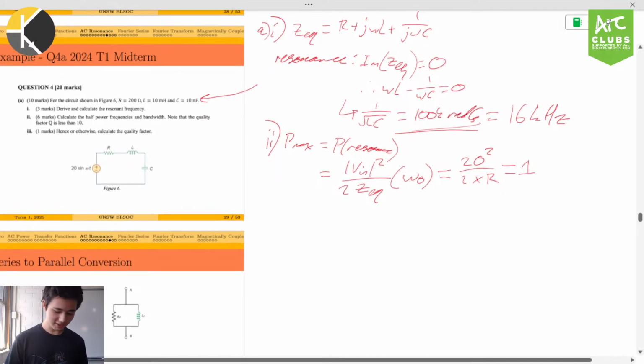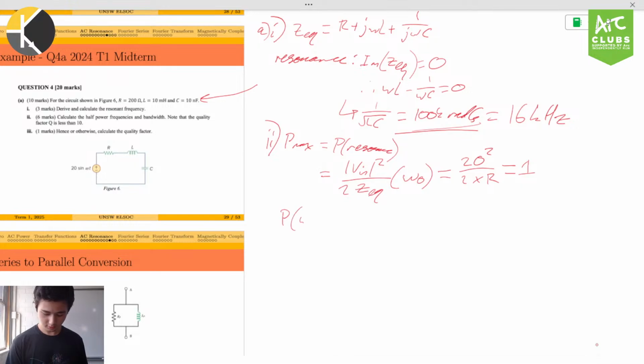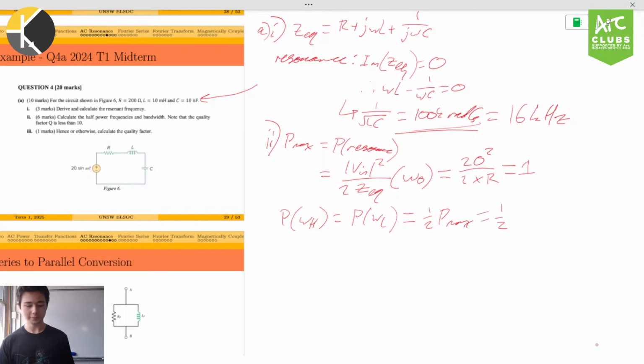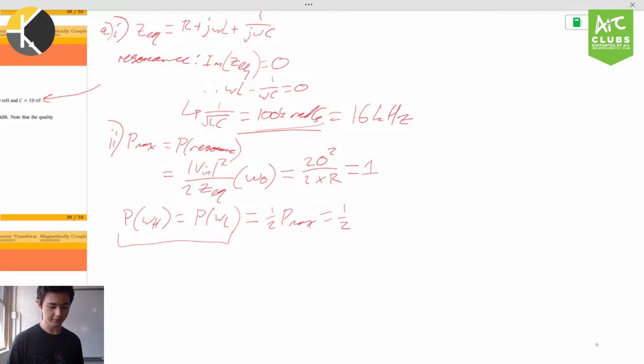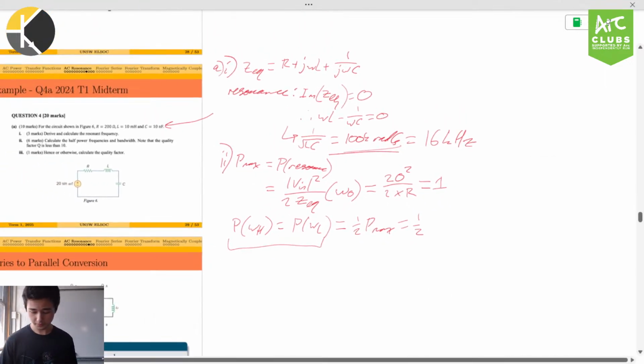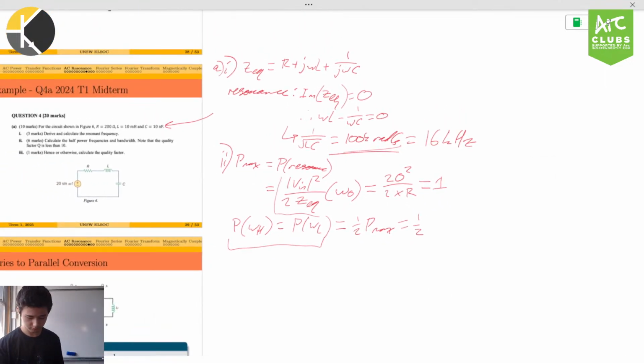The reason I say that is because now, when we say P omega H equals P omega low equals 1/2 P max, it's just equal to 1/2, right? And so, taking these into account, I'm going to now calculate for omega through this function right over here, where I use V in squared over 2 ZEQ, okay?